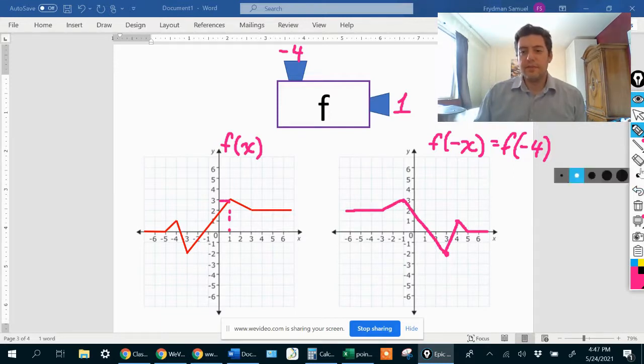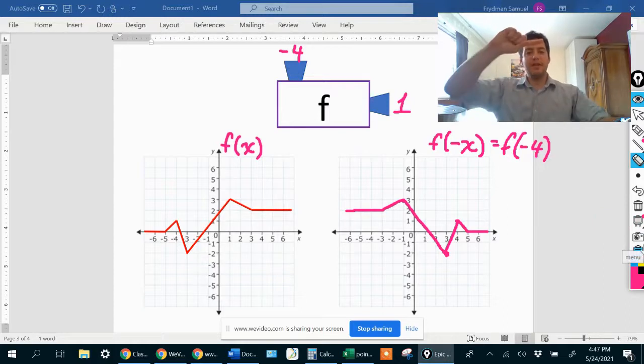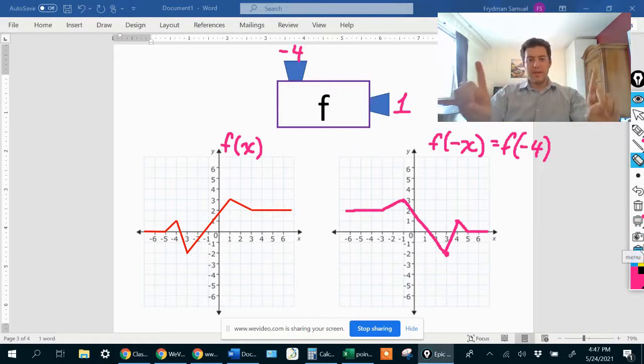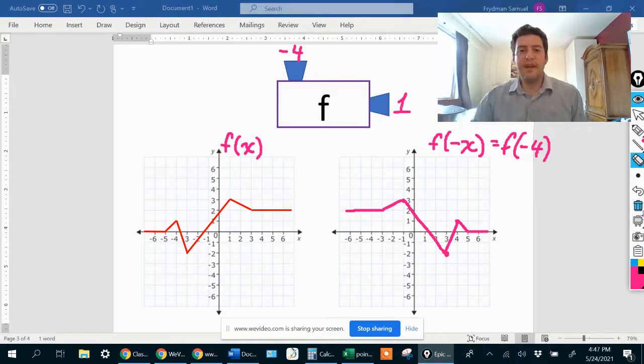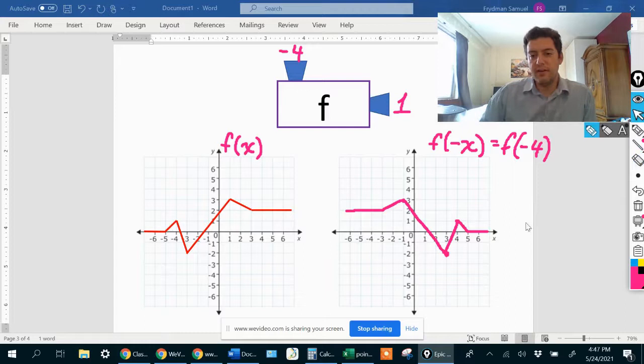Again, the graph is flipped, but instead of being flipped vertically, it got flipped horizontally. Why did that happen? Because for example, when x was 4, we didn't put 4 into the function machine, we'd put -4 into the function machine. So we got over here the same thing that was on this graph, but over here at -4.